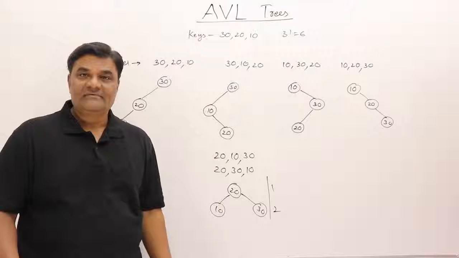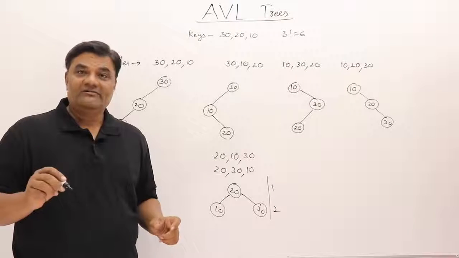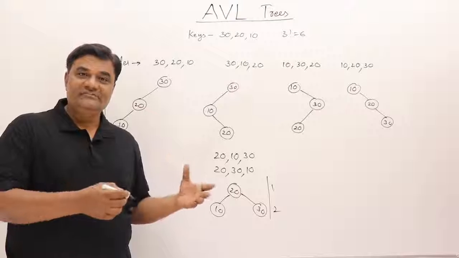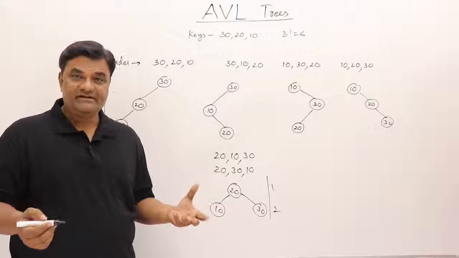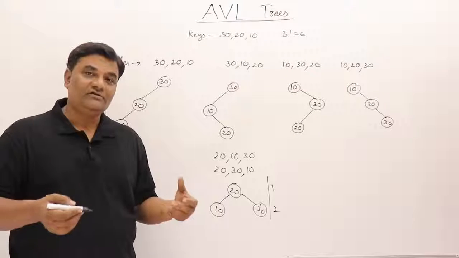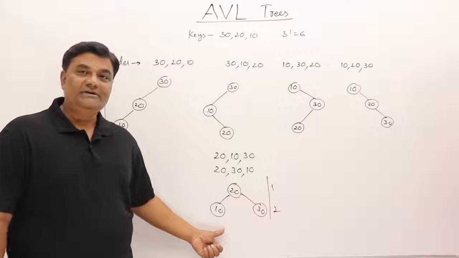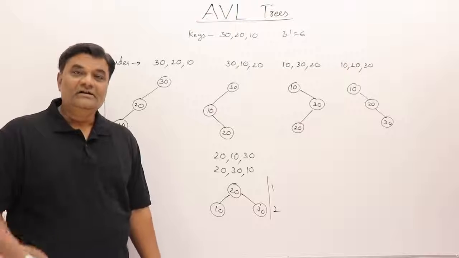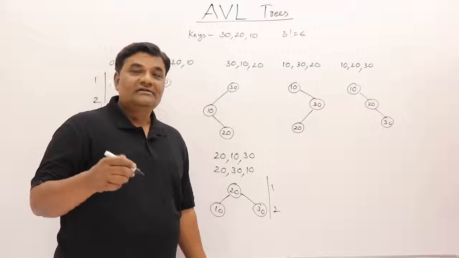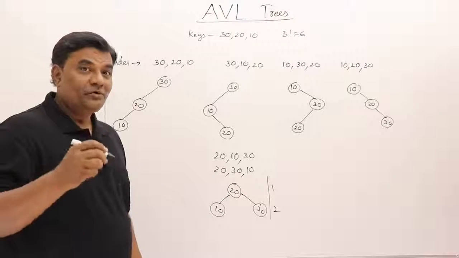This is the objective. So the drawback of binary search tree is that for the same keys we can get different shape binary trees that can be of maximum height or even of minimum height. What we prefer is a minimum height binary search tree. So now let us see whether binary search tree can be improved or not.